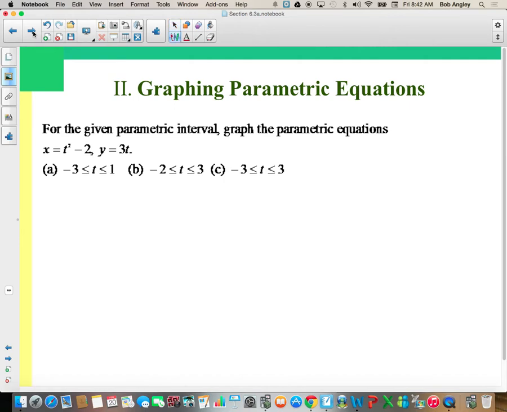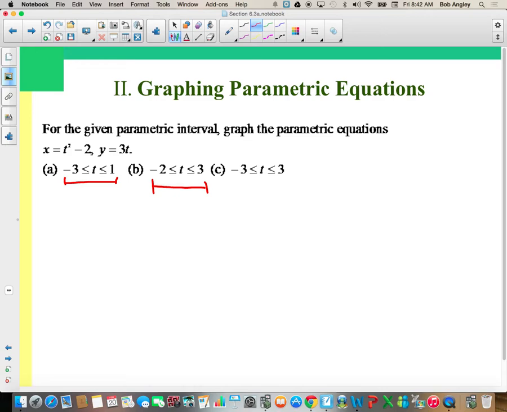Now what I want you to look at before we actually put stuff into the calculator is, do you see right here that they're giving us what they call the t interval, and so here we've got a particular t interval. Here we have a different t interval, but notice what happens on that one compared to this one.